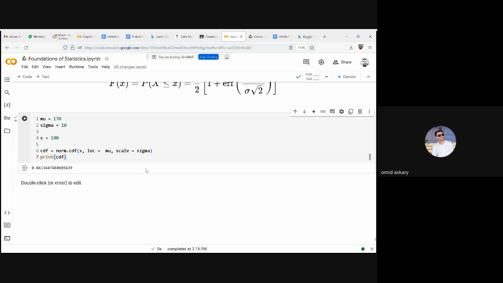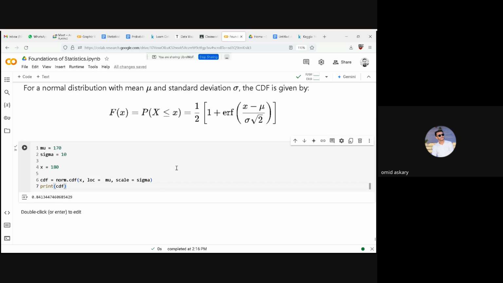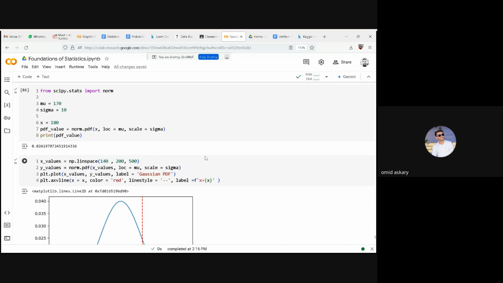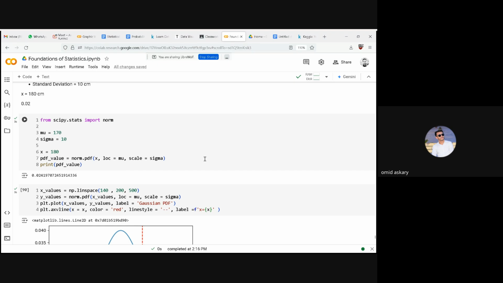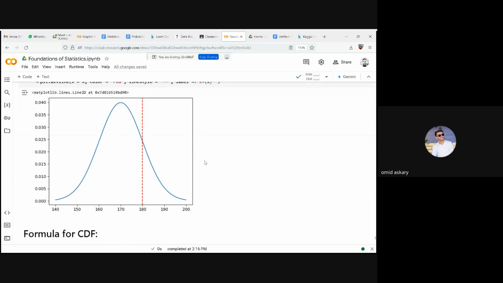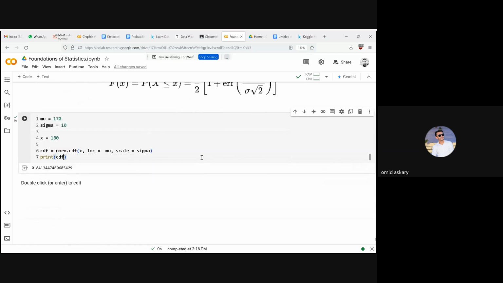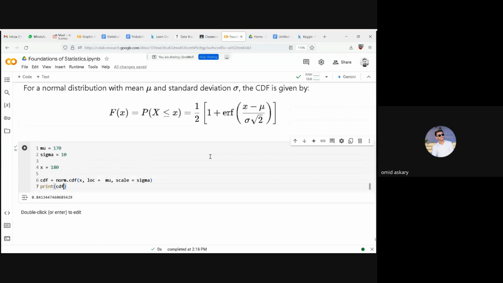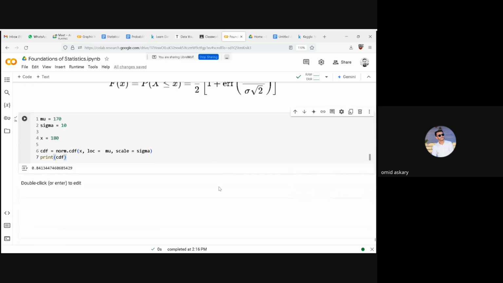You got it? The understanding between the CDF and the PDF. So this is how the CDF function value works. This is also a Gaussian distribution value.